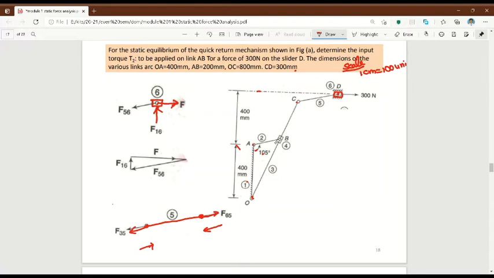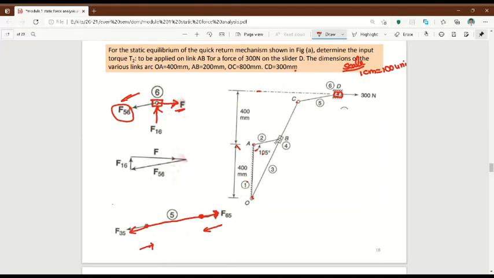But I don't know the direction, that's why I didn't draw it here. But definitely we know one more force is there, acting on the opposite side to F. If it is acting on the opposite side, towards this side, then when I draw link 5, I have to put it on the opposite side. That's why I have given the direction like this.